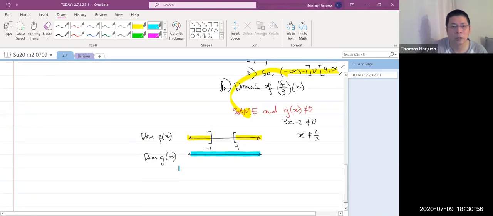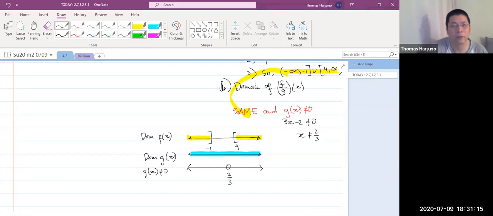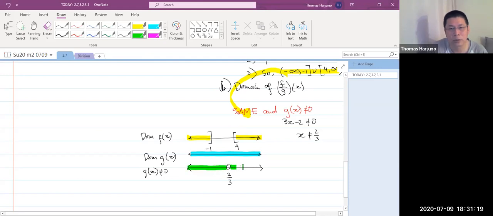Okay, and then g of x cannot be 0 is everything except 2/3. So everything is okay except the 2/3.